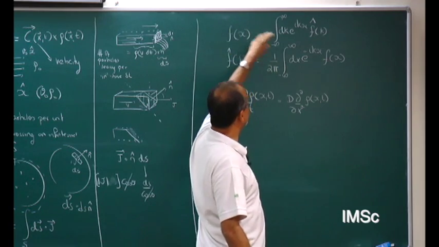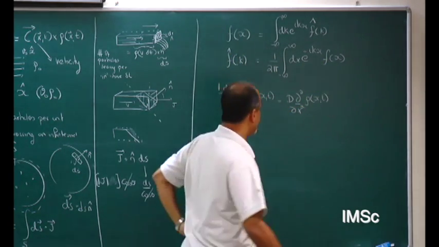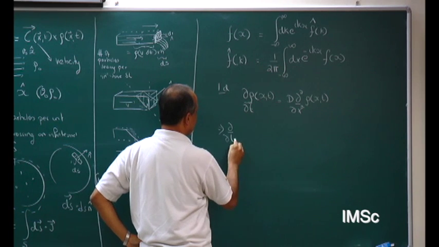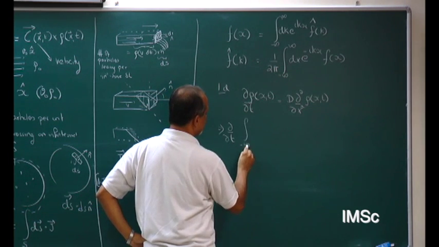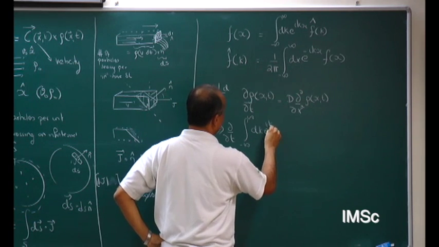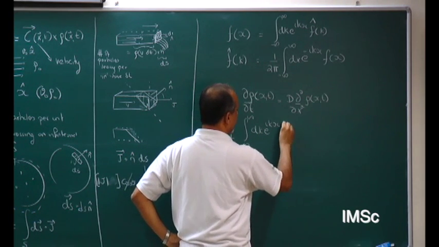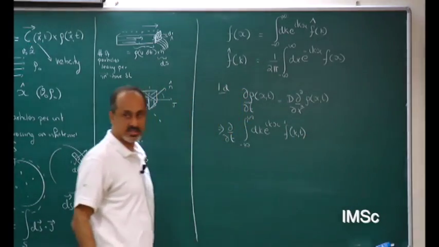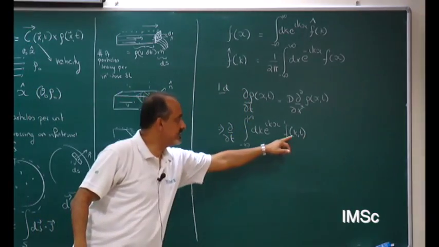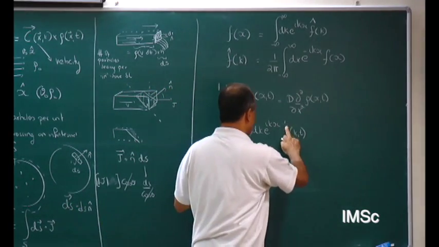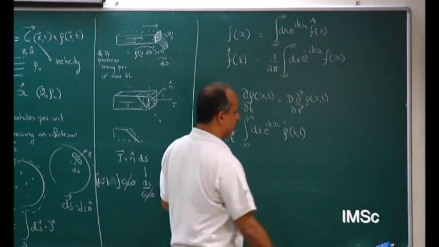Instead of f, I can just put rho and rho hat. So this is just the partial with respect to t of the integral from minus infinity to infinity dk e to the power i k x rho hat of k comma t, because this is where the time dependence actually appears. It's only the space dependence that I have Fourier transformed away. But this function is still a function of time. So I should put a rho here and not the f anymore.